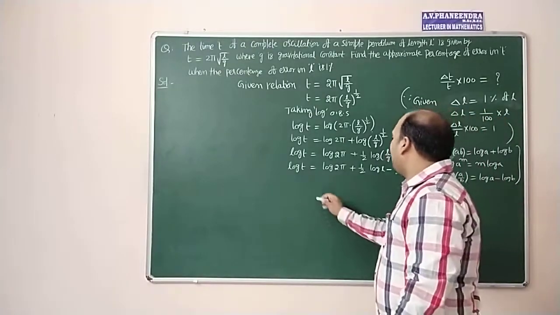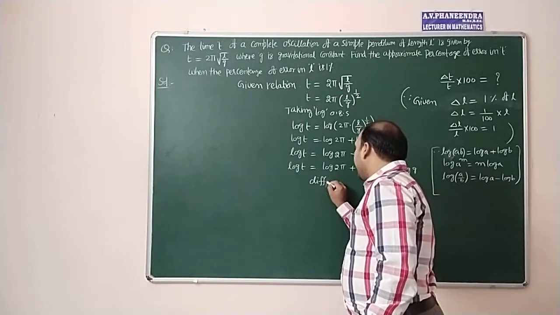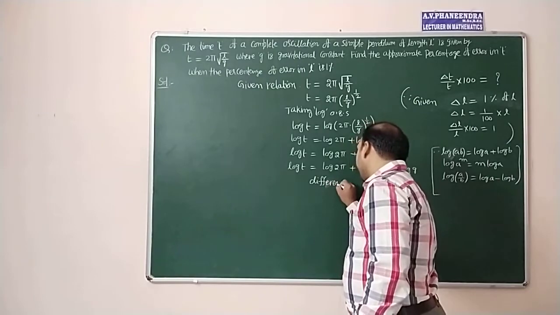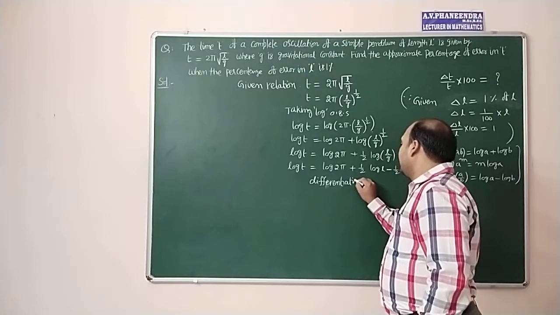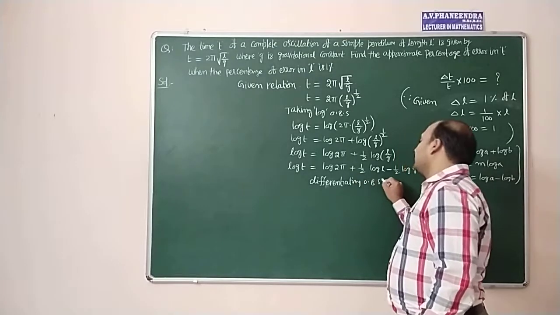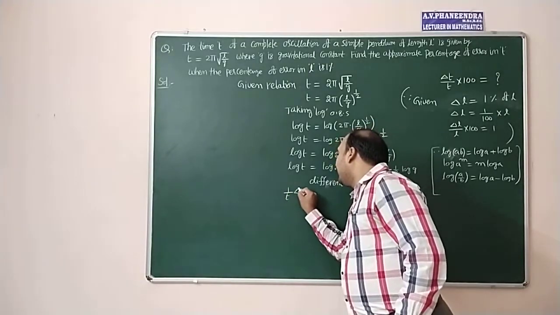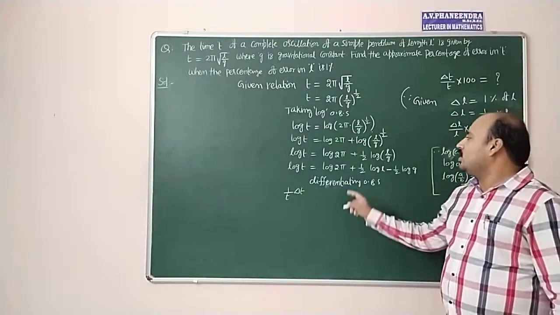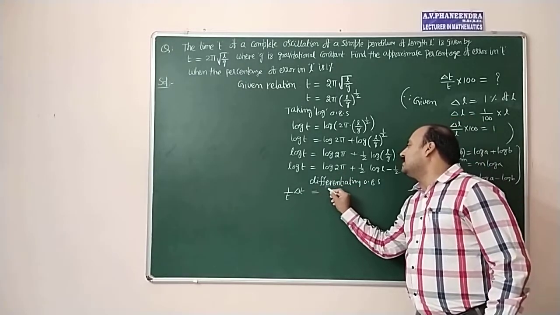After that, differentiating on both sides. The derivative of log T is 1/T times ΔT. Log 2π: 2π is a constant, so its derivative is 0.